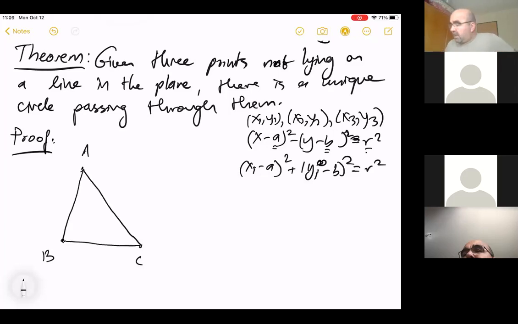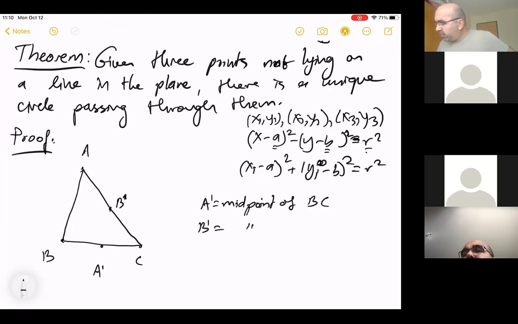Let's take the midpoints of BC and AC. We'll call them A prime and B prime. So A prime is the midpoint of BC, and B prime is the midpoint of AC.